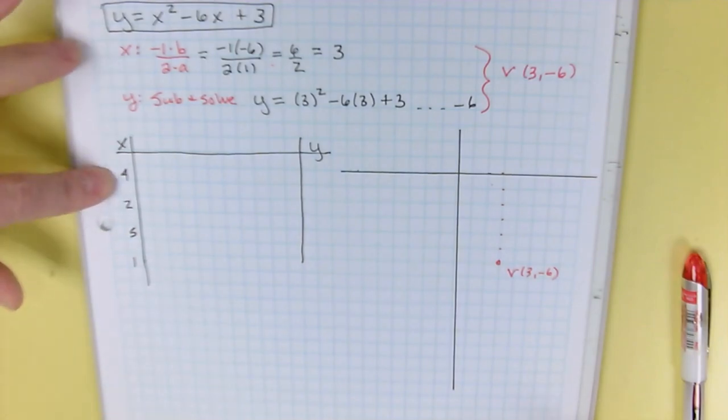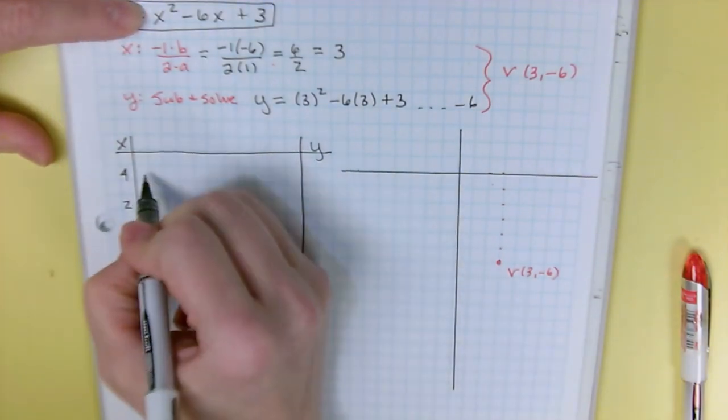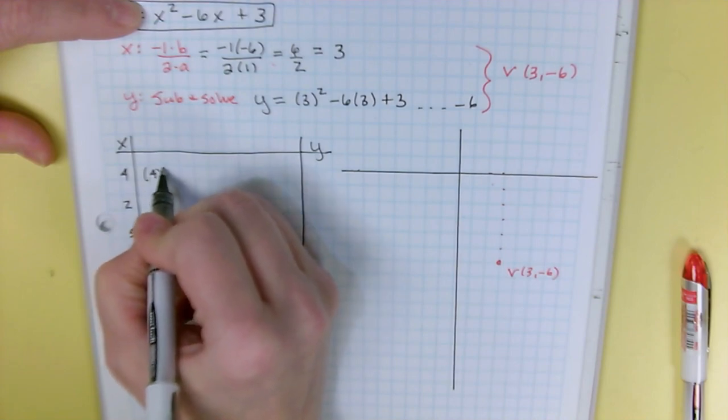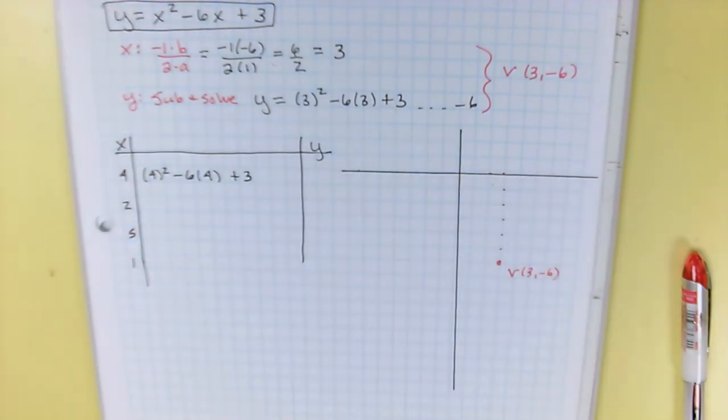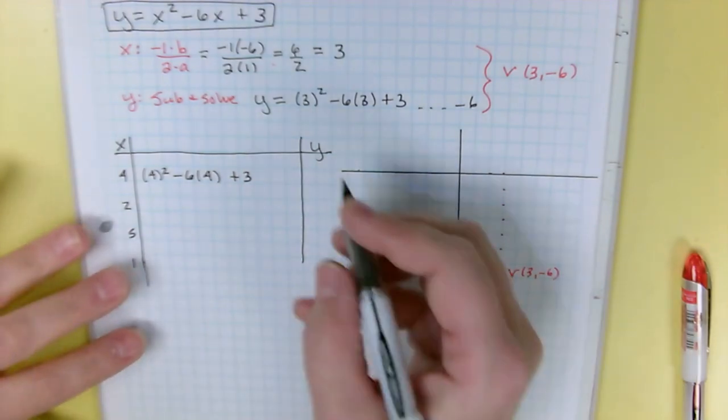Okay, so I'm going to substitute 4 into the parabola. So x squared, so 4 squared minus 6 times 4 plus 3. So 16 minus 24 is -8, plus 3 is -5.